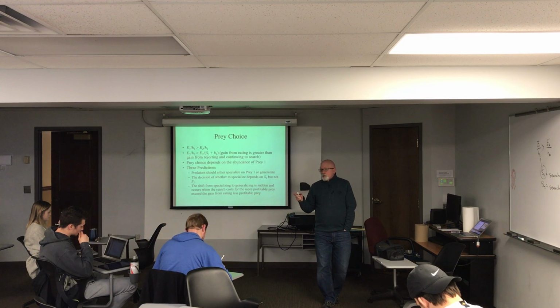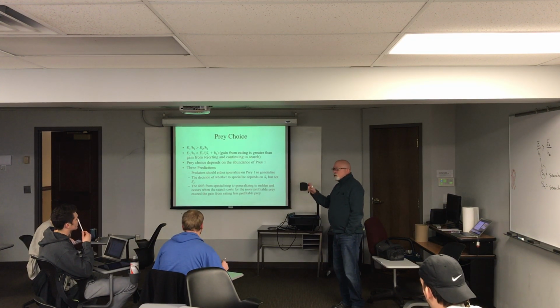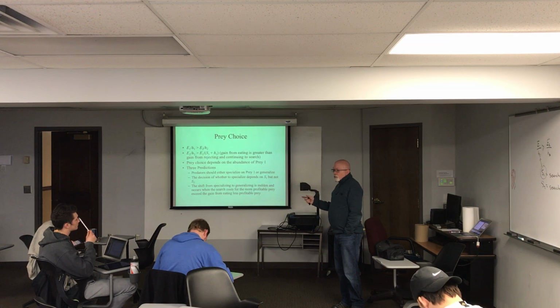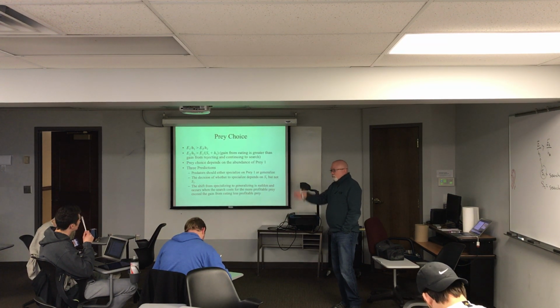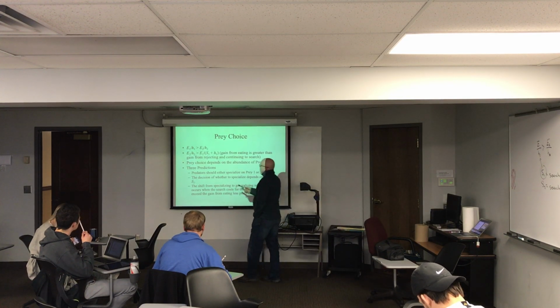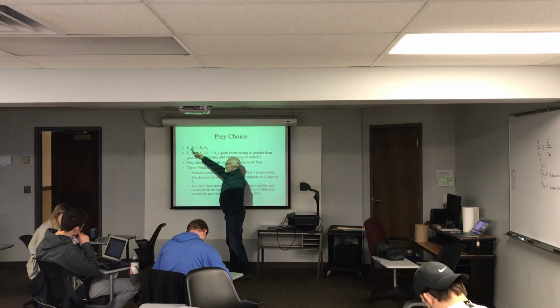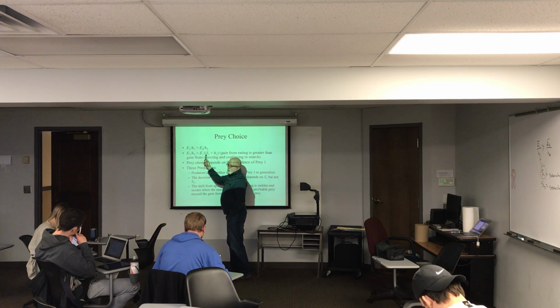So when you switch from one strategy, specialization, to the other strategy, being a generalist, should be sudden. There should be a solid break point there. And that break point occurs when this goes from being less than that to this being greater than that.